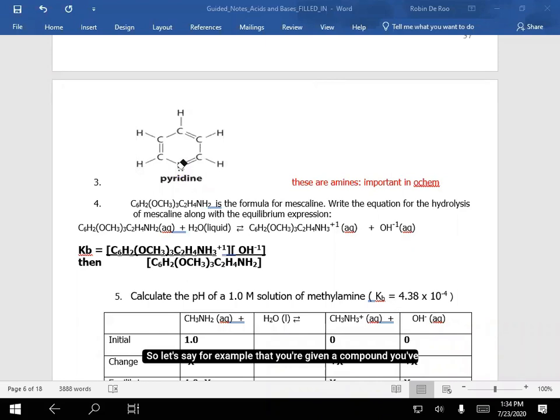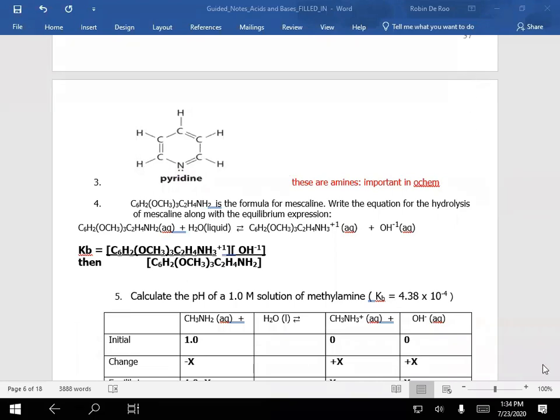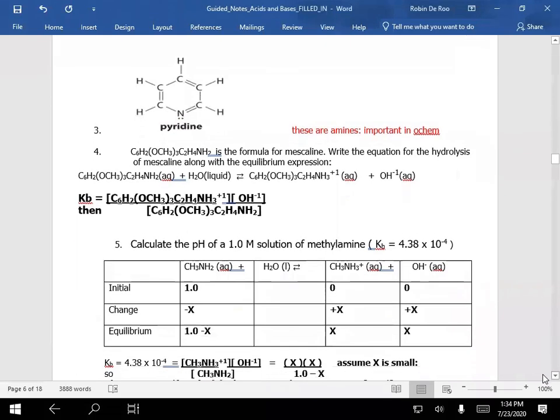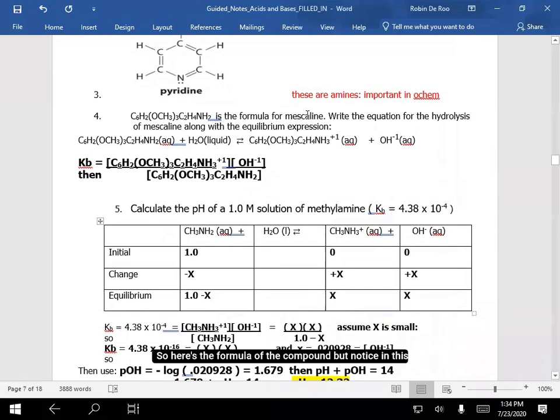So let's say, for example, that you're given a compound you've never seen before. So here's the formula of the compound.